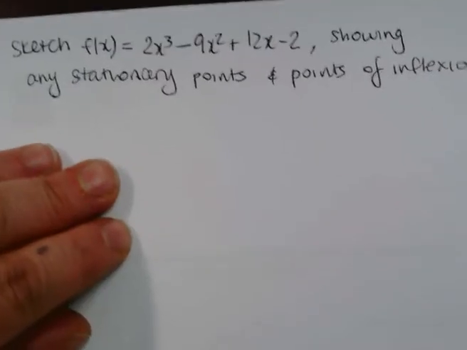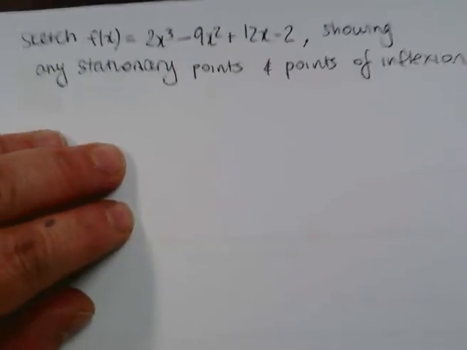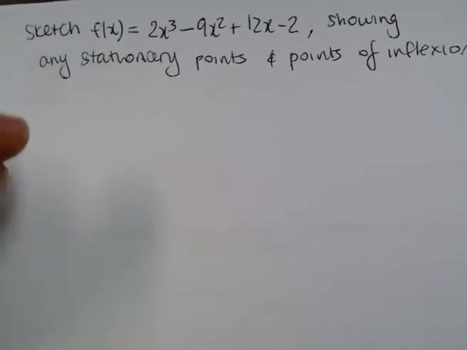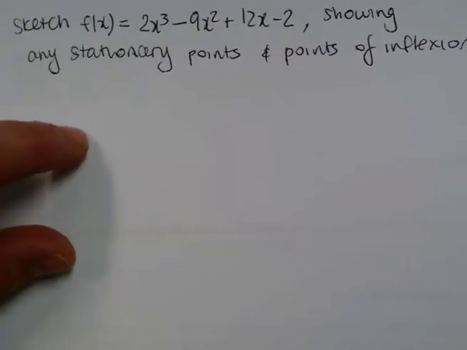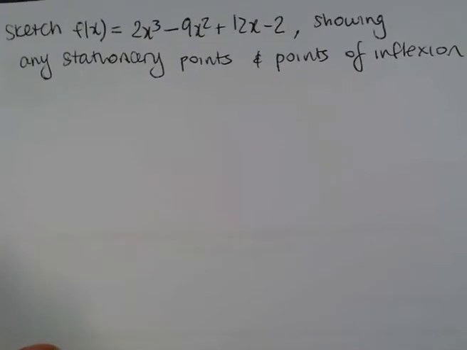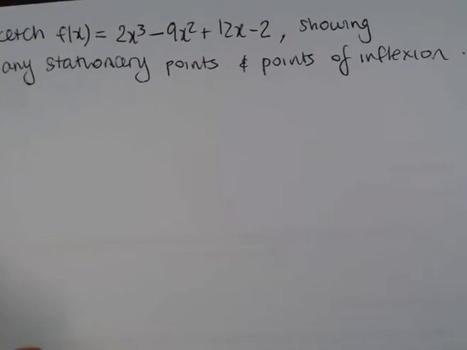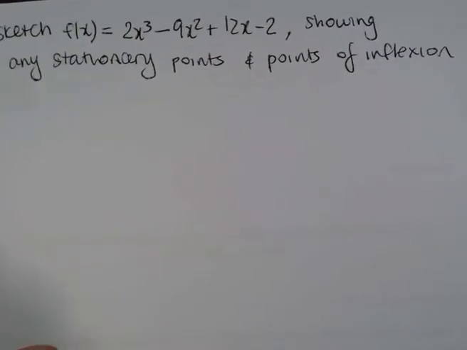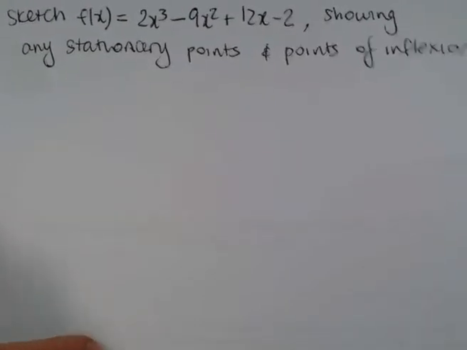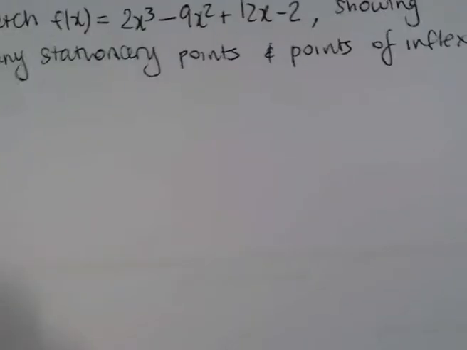And you've got to determine the nature of the stationary points. So that's what it'll say. Sketch it showing any stationary points. You have to determine their nature and show any points of inflection. We want to sketch it, all right? All right, let's start.